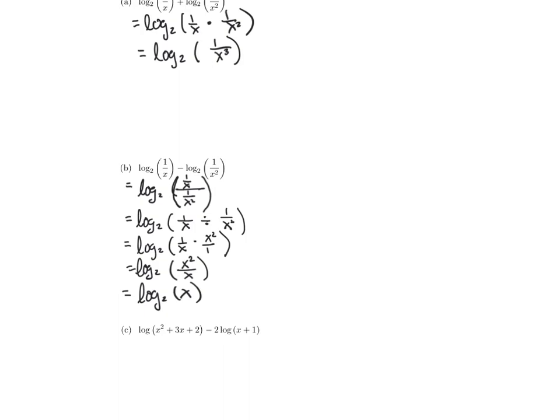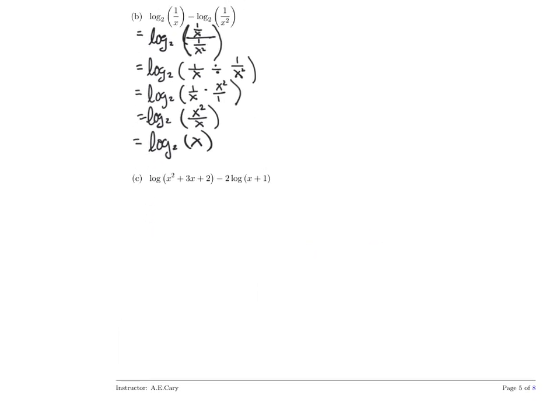Let's take a look at C, because C looks very interesting. So if we take a look at C, we have log of x squared plus 3x plus 2 minus 2 log of x plus 1. Oh boy. Okay, so first thing, I'm going to look in here. I'm going to factor this, because that's probably going to be a good idea. Something may cancel out later.